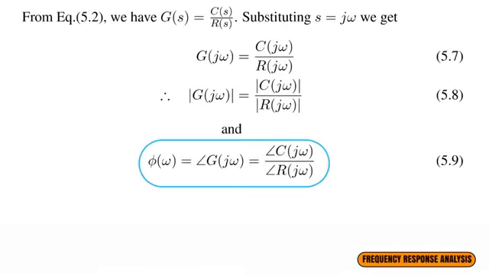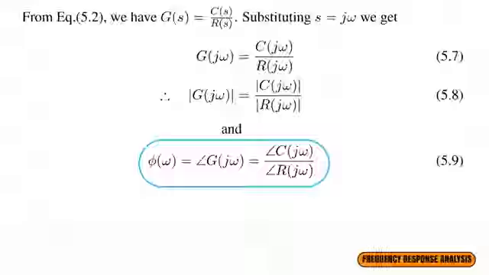Here, what is the phase shift? Phi of omega is the phase shift introduced by this system, the angle of G of j omega. That is equal to angle of C of j omega minus angle of R of j omega.